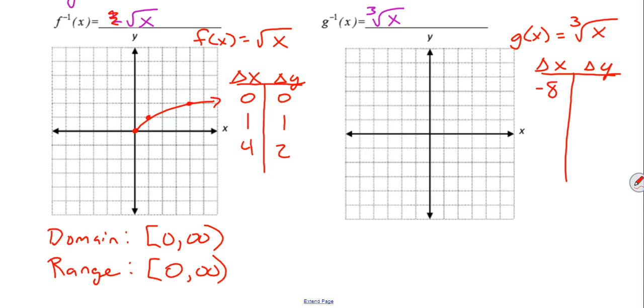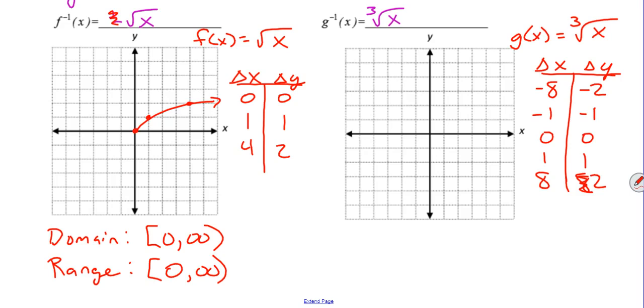So again, I'm going to pick negative 8, negative 1, 0, 1, and 8. So that when I take the cube root of negative 8, I get negative 2. When I take the cube root of negative 1, I get negative 1, then 0, 1, and 2. Sorry, not square root. The cube root of 8 is 2.